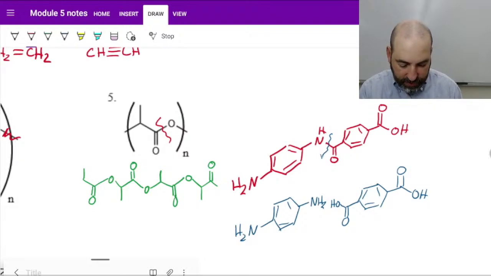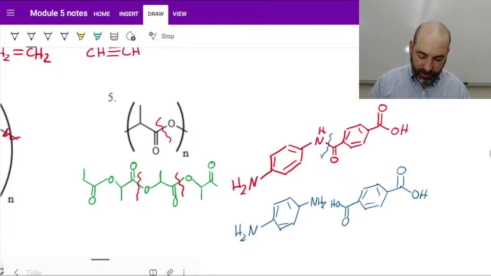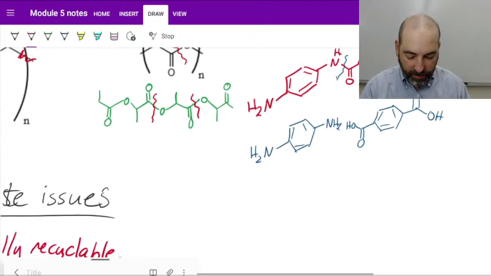So I think it makes more sense here to look at the structure and look at where this thing was breaking on both sides. So really, that's a better way to draw this. And it would make more sense to use that as a repeat unit rather than what was used here, so that it's more obvious. But, you know, people draw structures how they draw structures. If you found this one, you still have to know what it's made out of.